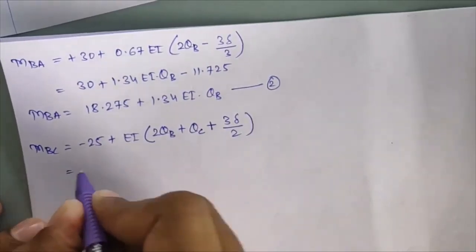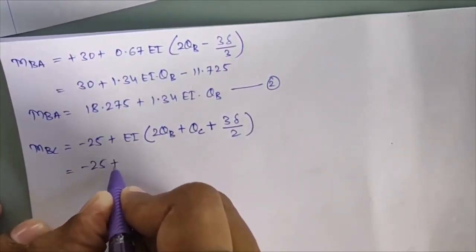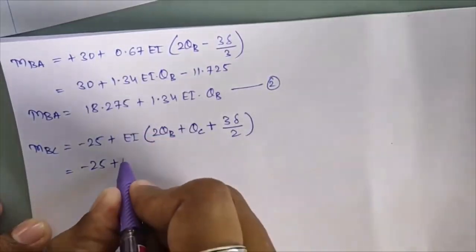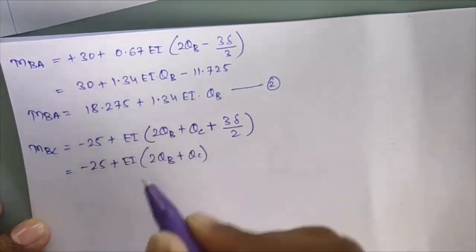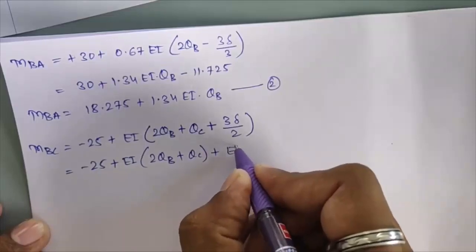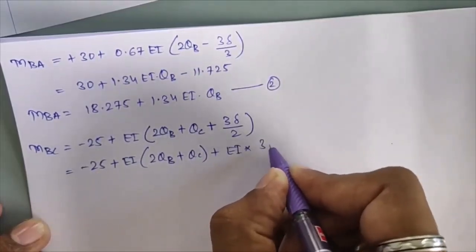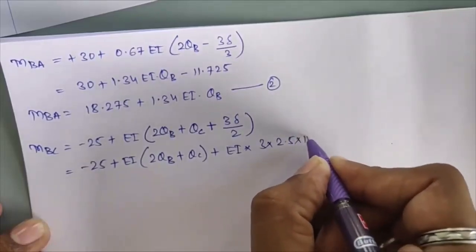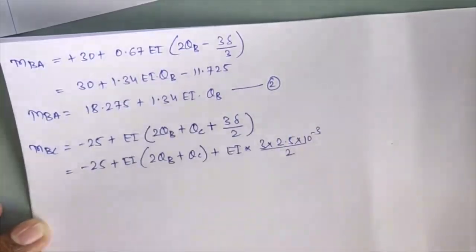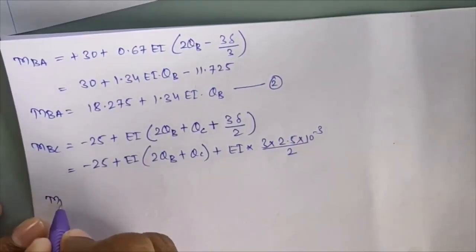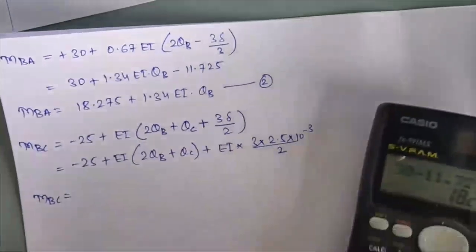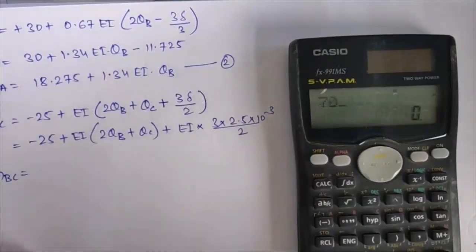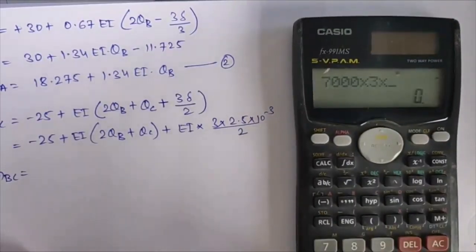Okay, so we'll substitute the values, that is minus 25 plus, I'll separate this EI to these terms. So EI into 2 theta B plus theta C plus EI into 3 into 2.5 into 10 raised to minus 3 divided by 2. Okay, so I'll simplify this. I'll substitute the EI value, that I have got as 7000, multiplied by 3 into 2.5 into 10 raised to minus 3 divided by 2.